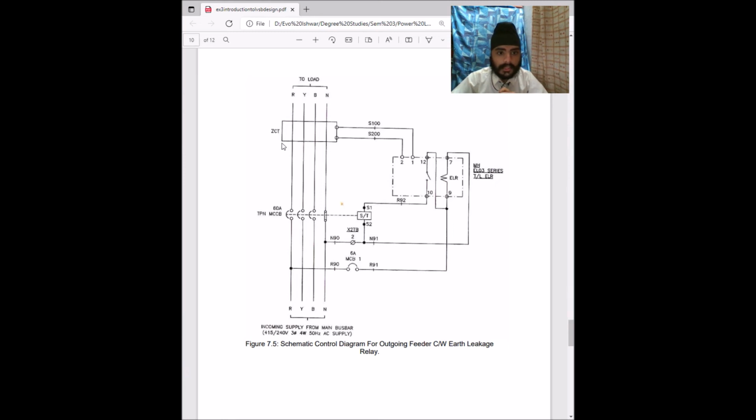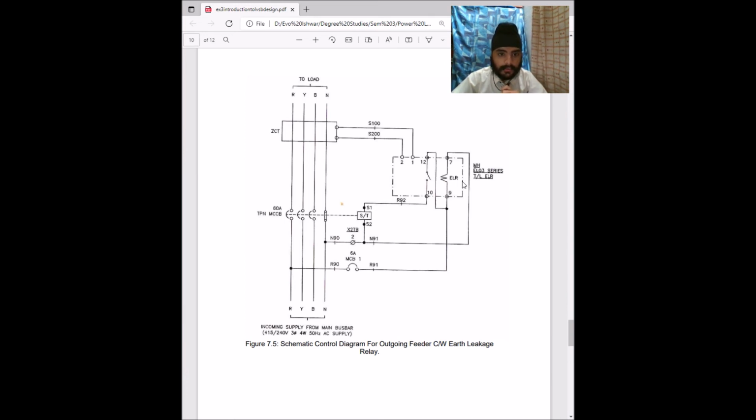These zero phase CTs are differential sensors passing both line and grounded neutral conductor into the CT aperture so as to make zero phase sequence in the case of leakage current or fault current on the line. It is called the differential current as the sensitivity current distinguished from the primary current.